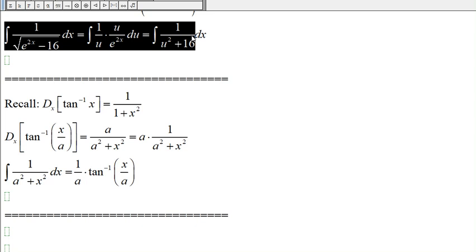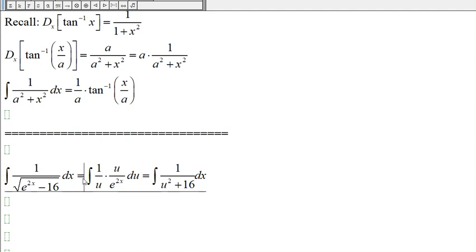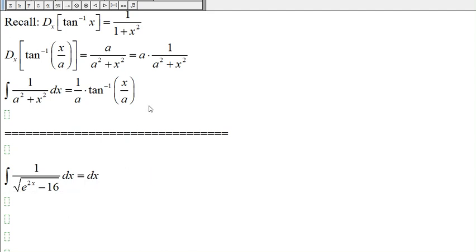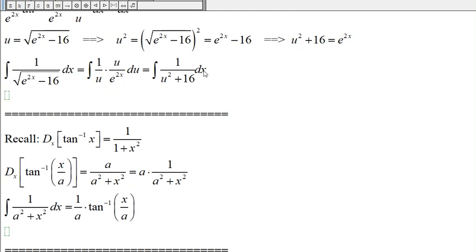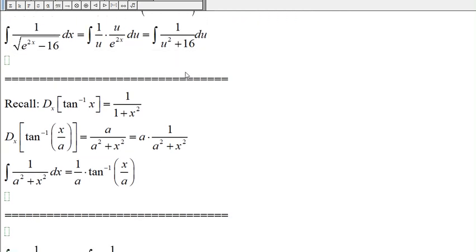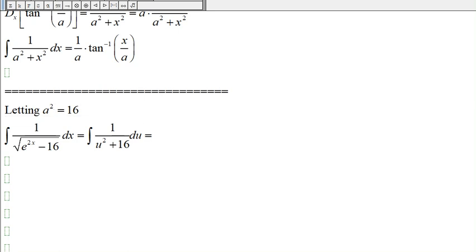And so now we need this integral right here. What we can do is let a squared be 16, which means a is equal to 4.